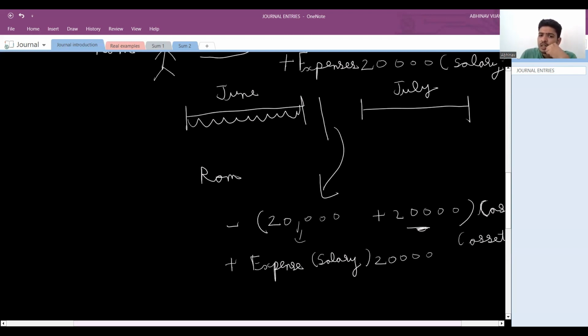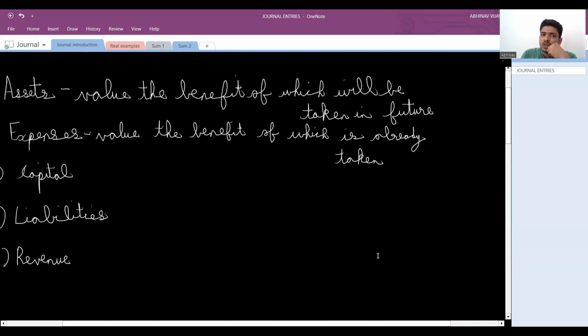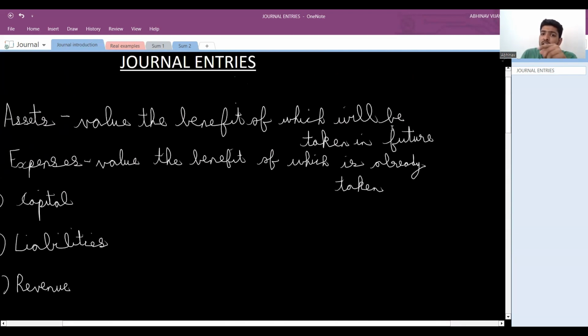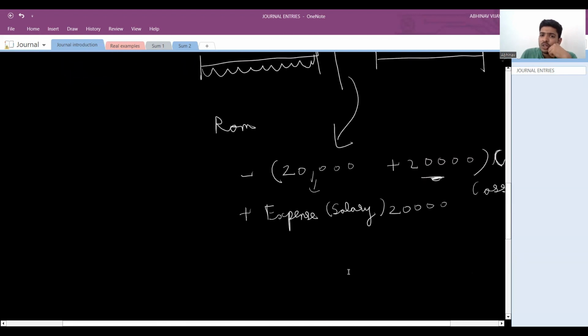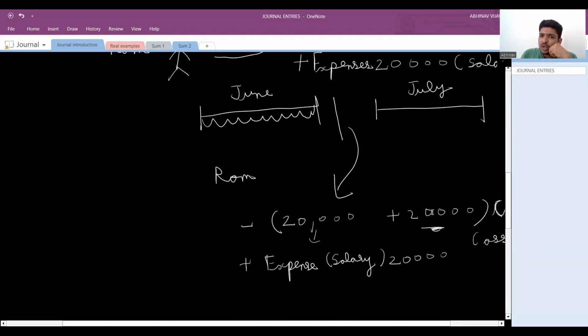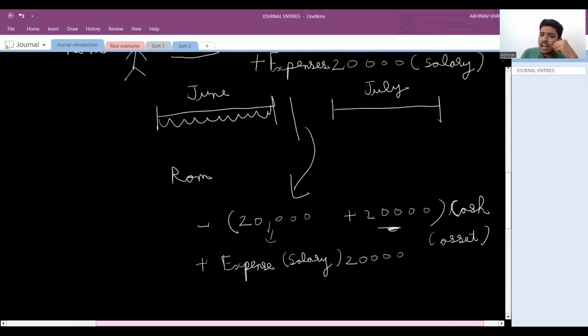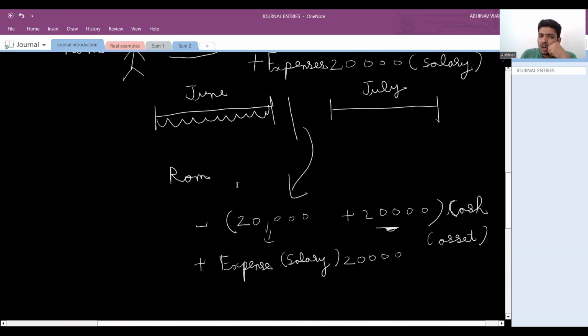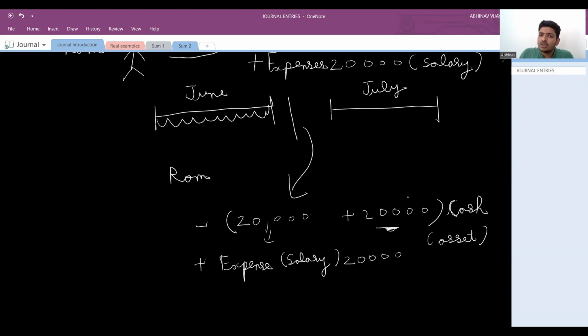Same thing. Let's go to the definition of assets now. Value, the benefit of which will be taken in the future. So this 20,000 is an advance salary paid by the company to Ram. The benefit of this 20,000 will be taken only at the end of July. If Ram works for the entire month of July, then the benefit of this value will be taken.